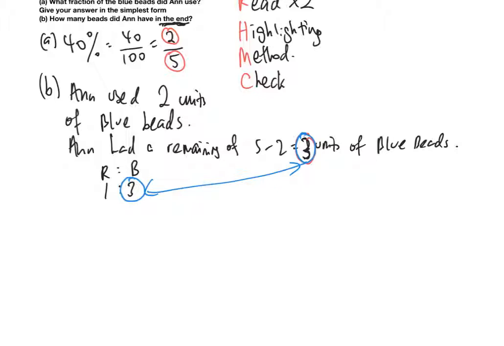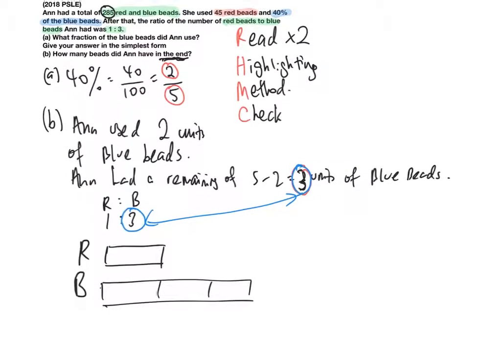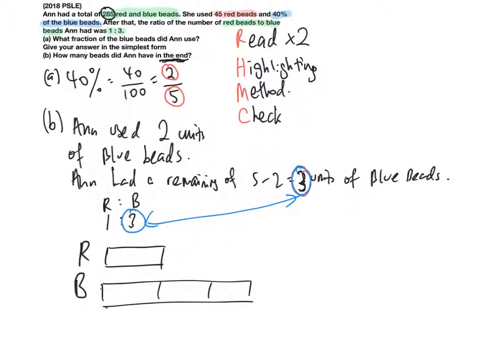Okay, so in the after scenario, red is to blue is 1 unit for the red one and 3 units for the blue one. And remember this, Anne had used up 45 red bits, so I don't know how many units it is, so I just estimate this is 45 that she used.